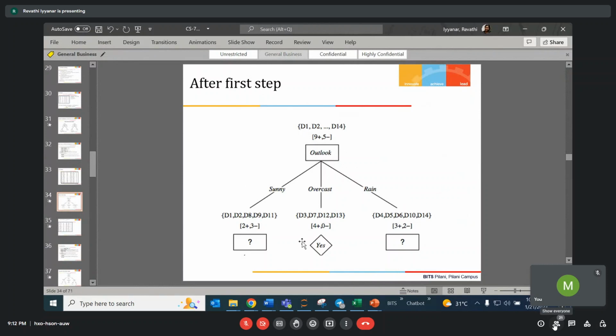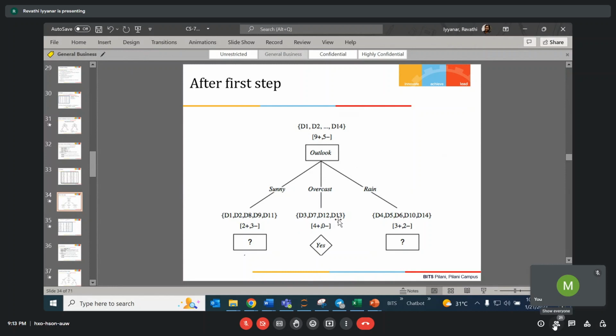In this case, overcast is what we call a pure node. It's a leaf node. All of them will have yes. So this will become a leaf node, no more split, because it's a complete 4 and a 0. So it ends there itself.